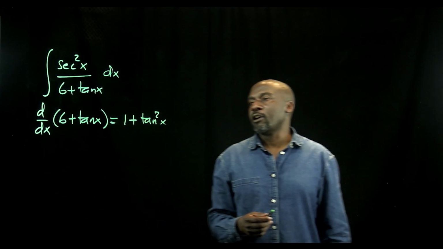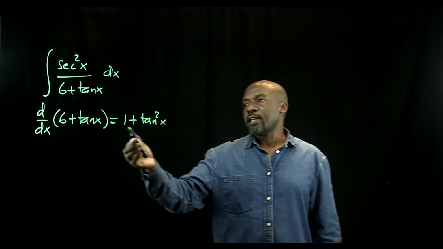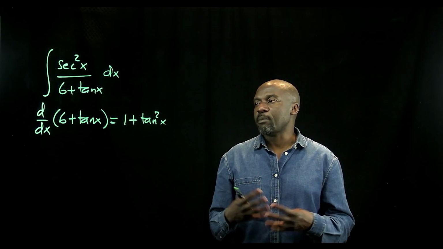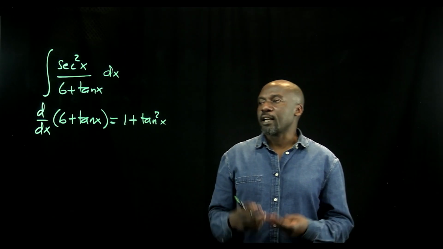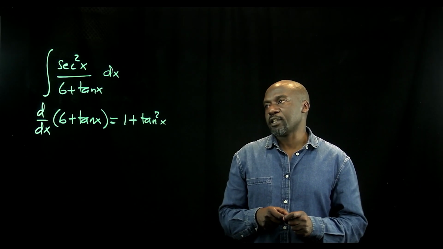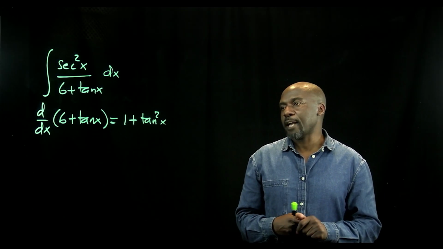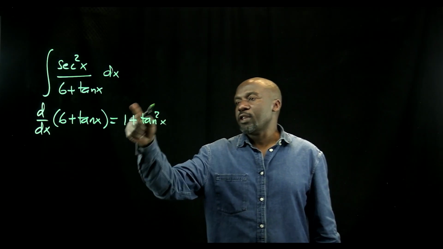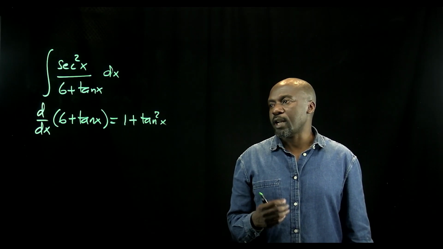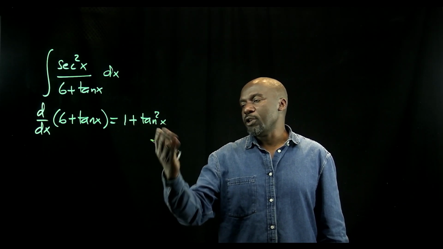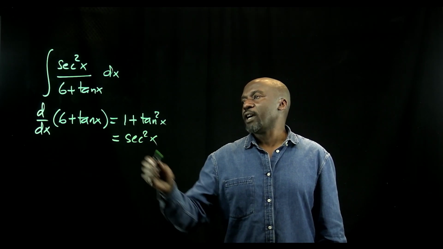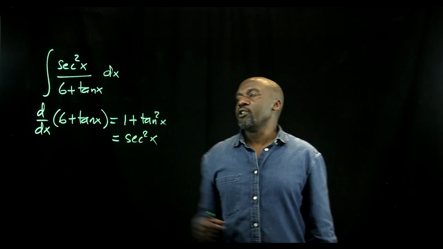Please go to my videos on Elimika Dunia, and you'll find under the topic 5 playlist, I have proved some derivatives such as e power x, a power x, tan of x, sine x, and so on. Some of the common derivatives, we have proved using differentiation from first principle. And this comes from the Pythagorean identity sine squared x plus cos squared x equals 1, which can be used to show that this is the same as sec squared of x. So in fact, the derivative of the denominator is the numerator.